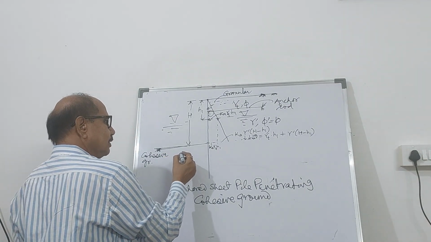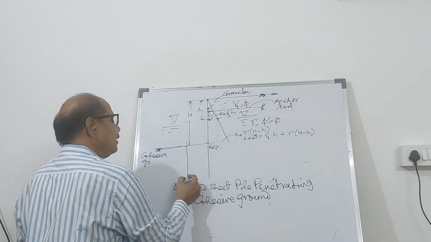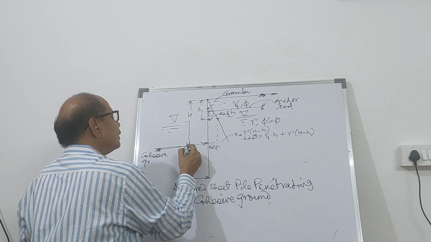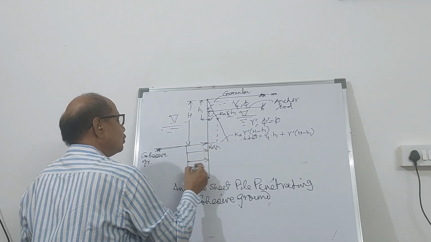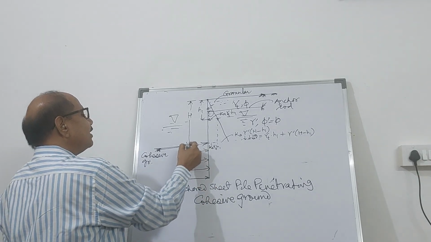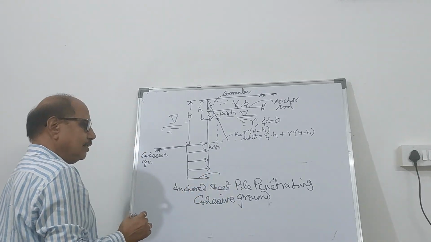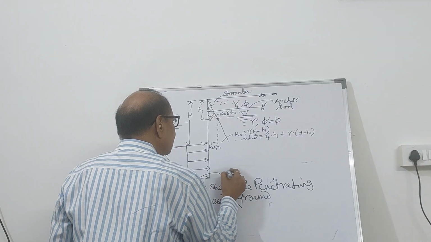And on this side, the passive pressure is going to be constant right from the dredge line up to here. And this you have seen is given by 4 times cohesion.